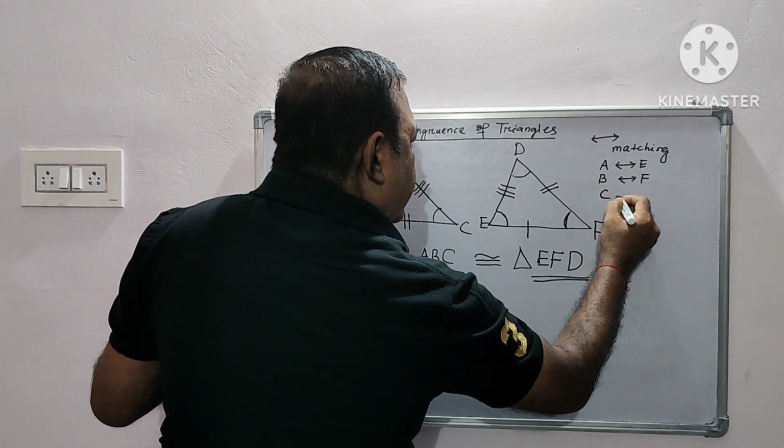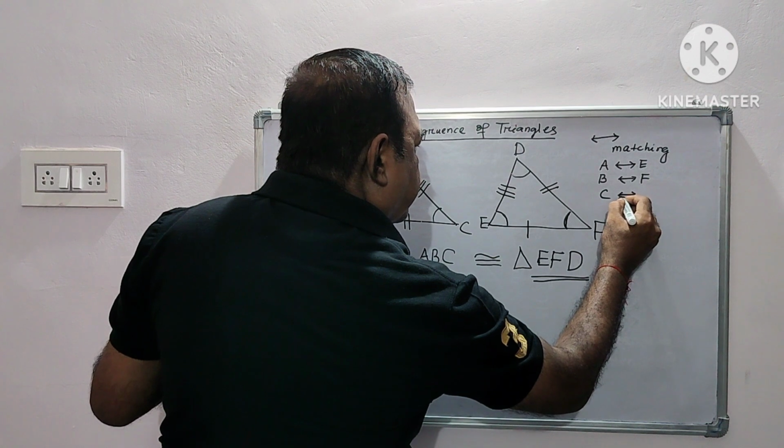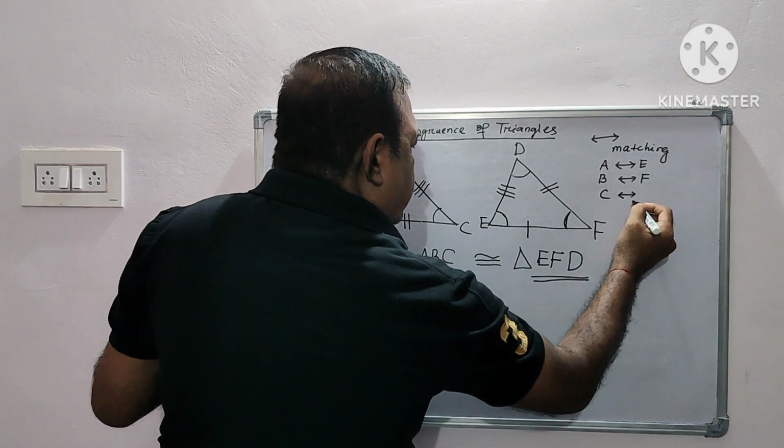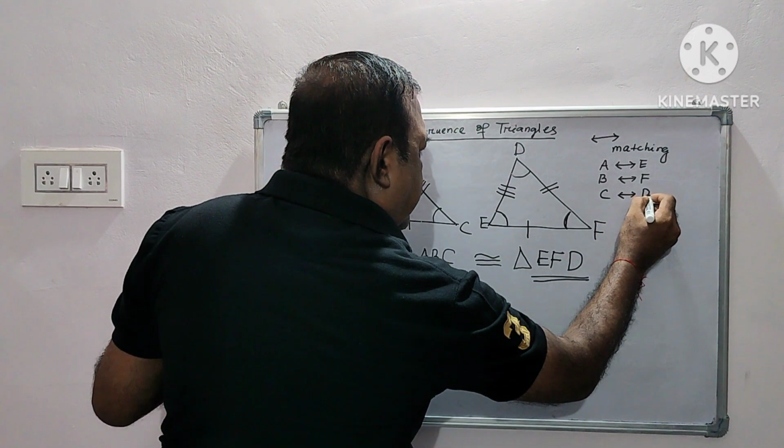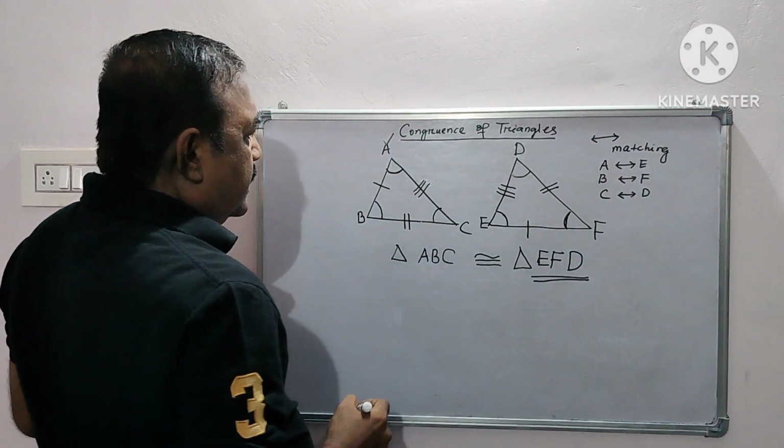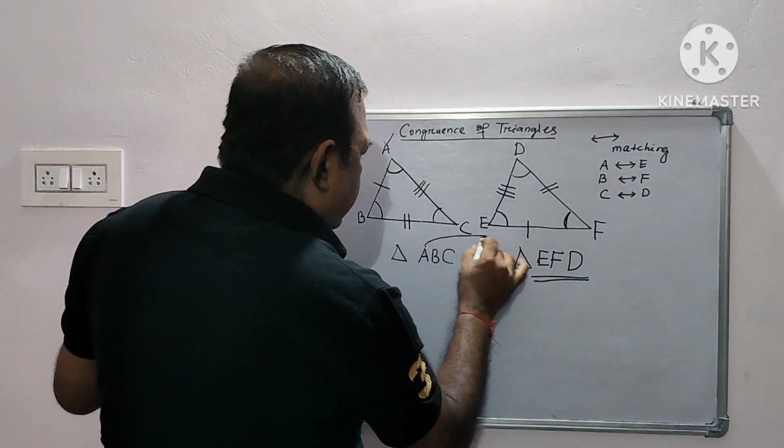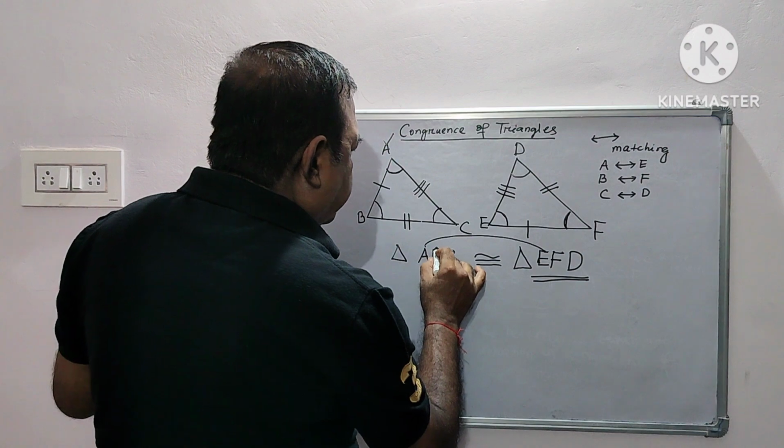The vertex C matches to the vertex D of the second triangle. So here you see, this is the matching.